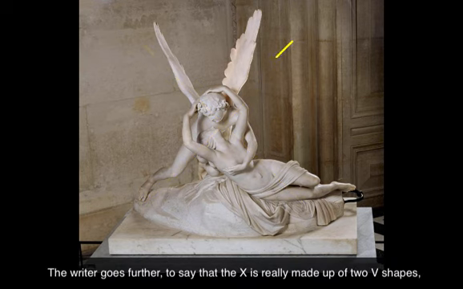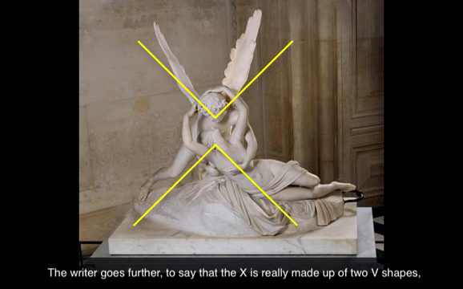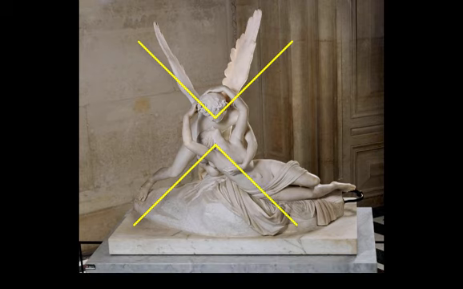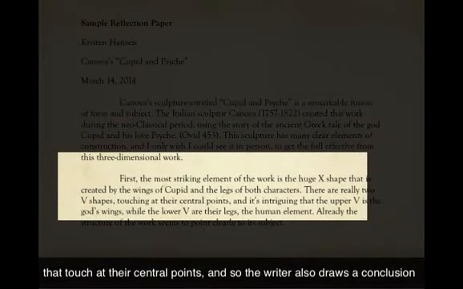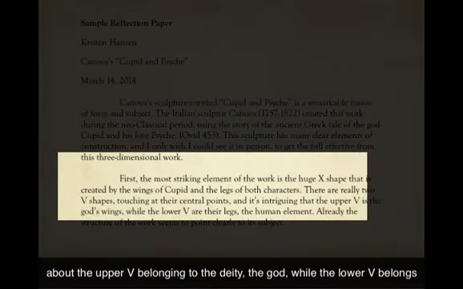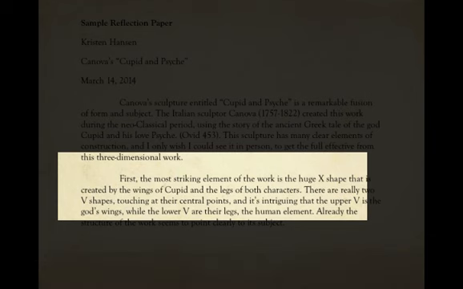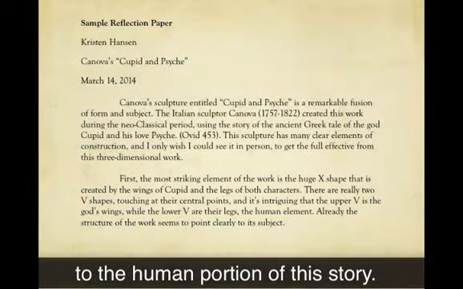The writer goes further to say that the X is really made up of two V shapes that touch at their central points. And so the writer also draws a conclusion about the upper V belonging to the deity, the god, while the lower V belongs to the human portion of this story.